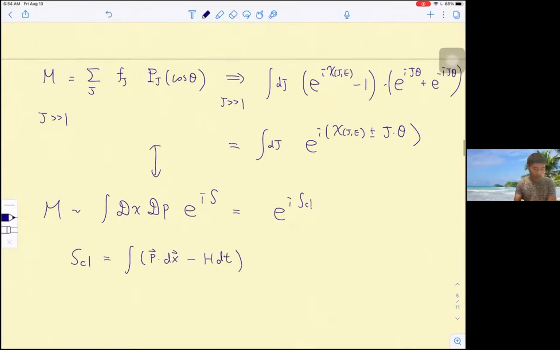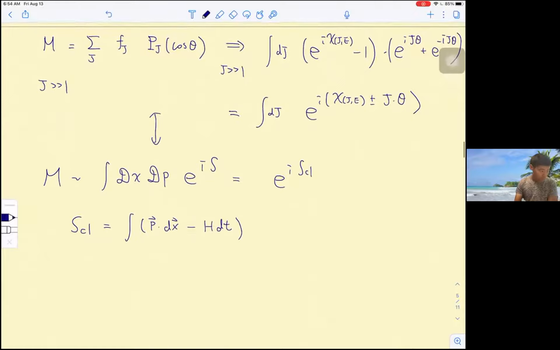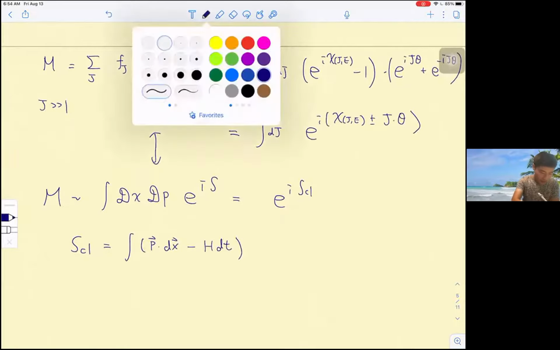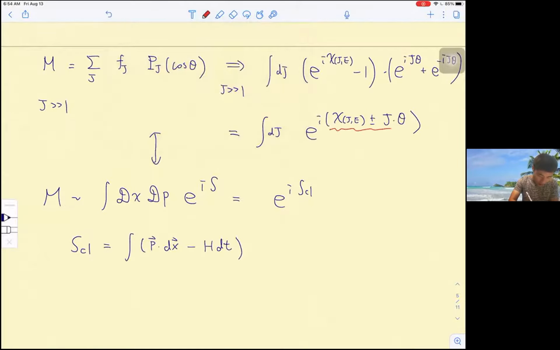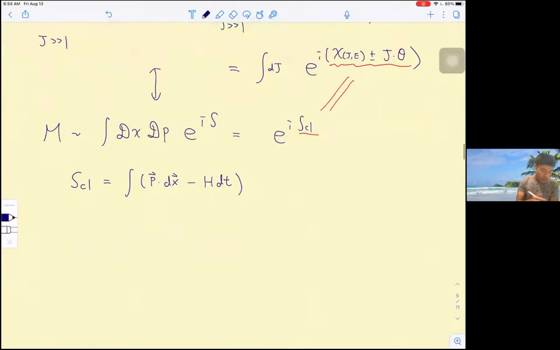Okay. And this is saying that, so simplify this, so they should equal. Okay. And the classical action, if we use the polar coordinate, so P is decomposed into the radial part plus the angular part. And using angular momentum, I can write this P theta as J over R. And remember that J is conserved, as well as energy.